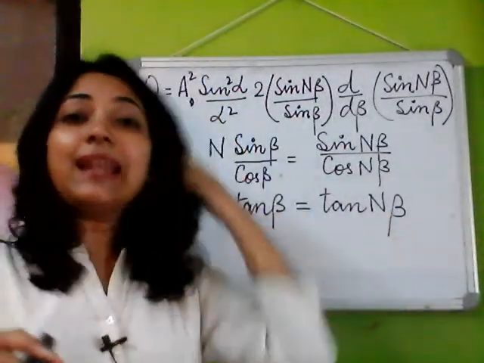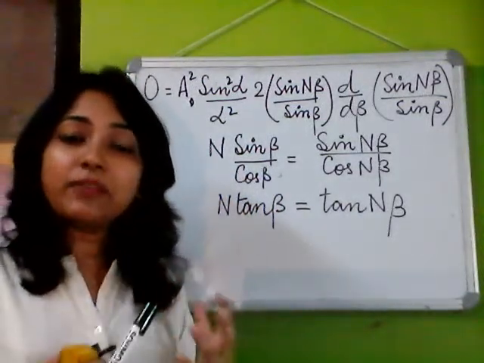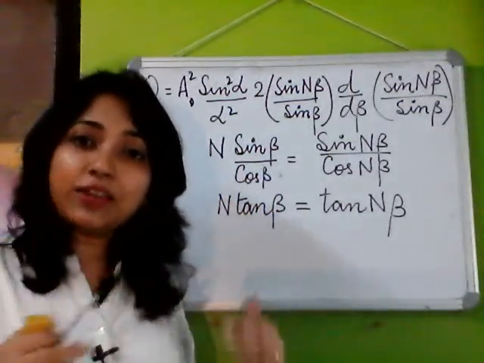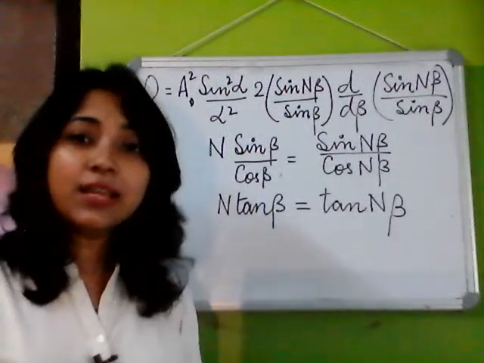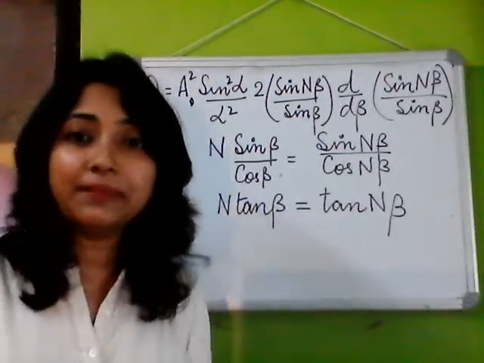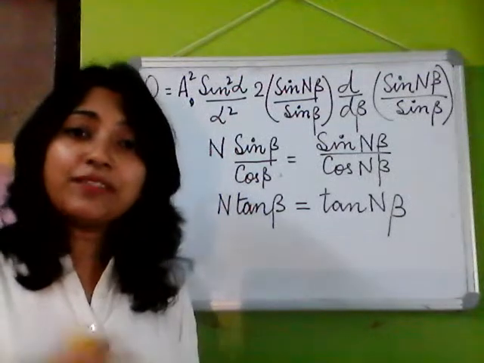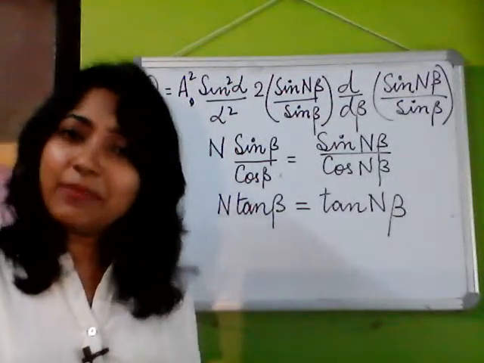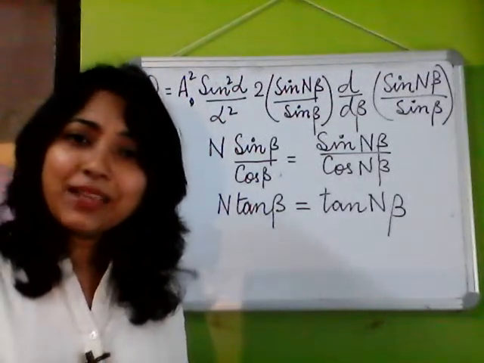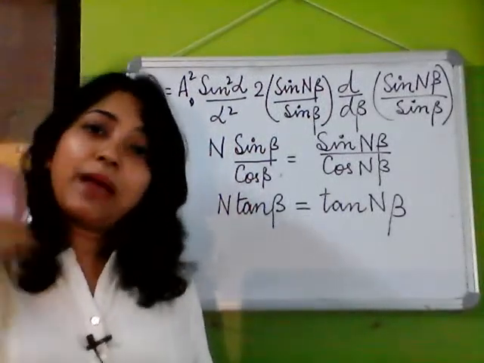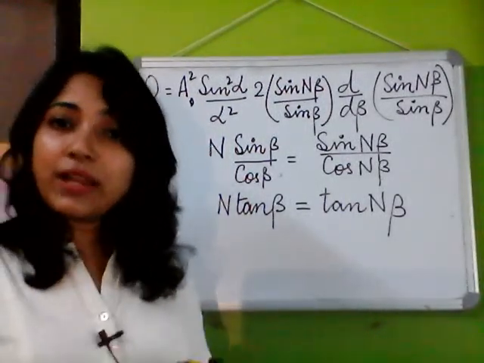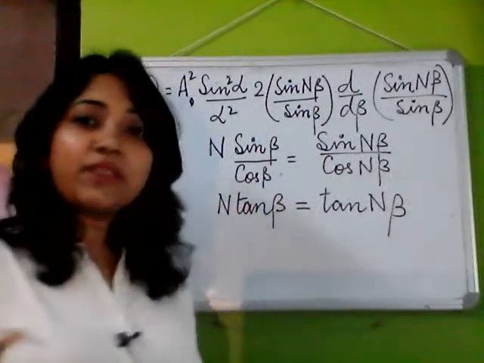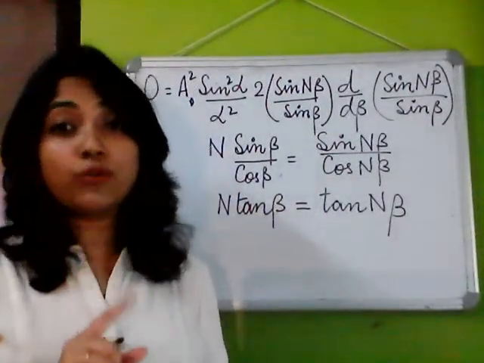So less that generally when we do the experiments, if n is very large, if the number of slits is very large, the secondary maximas are not even seen. And because of that, if something I cannot see, will I be interested to find out more about it? But now you may ask me, ma'am, why will I believe that the intensity of the secondary maxima is very low? This is what I will now show you.